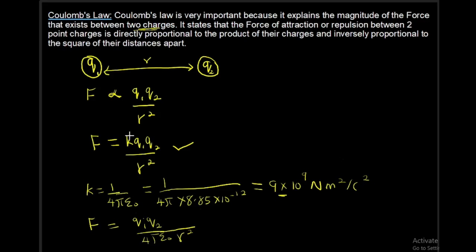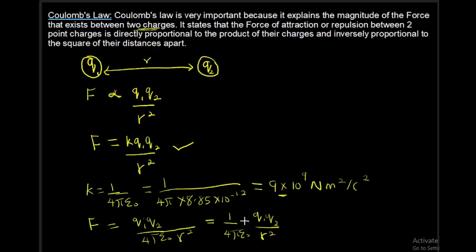Because when we bring in K, which is 1 over 4 pi epsilon 0, we have 1 times this, and 4 pi epsilon 0 times R squared. Or you can also write it as 1 over 4 pi epsilon 0 dot Q1 Q2 over R squared. These are the different ways you can write the formula for Coulomb's law.